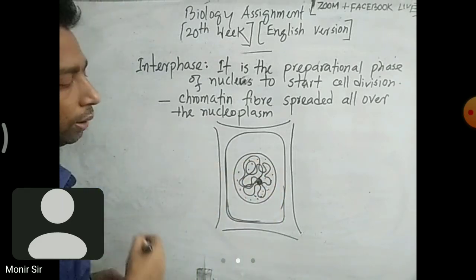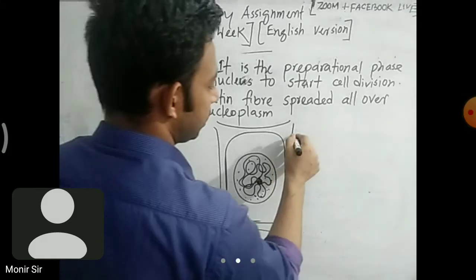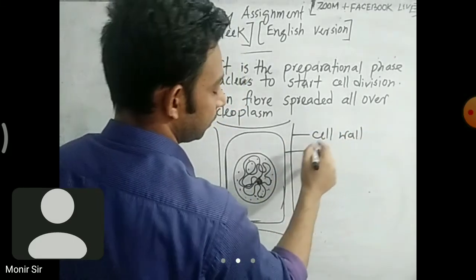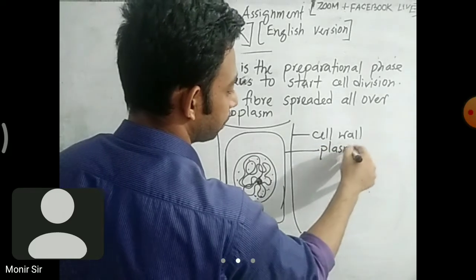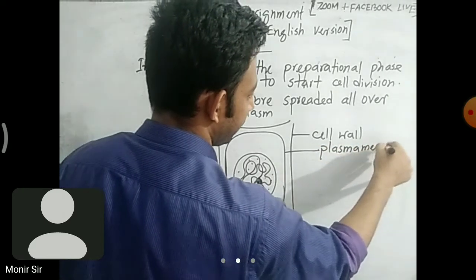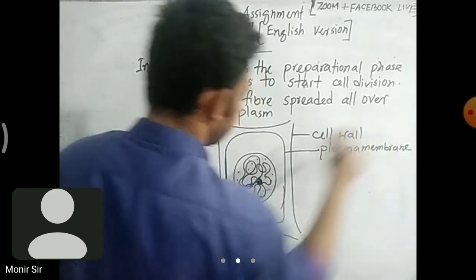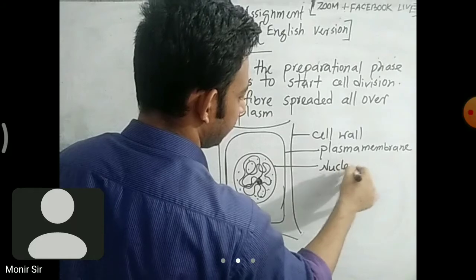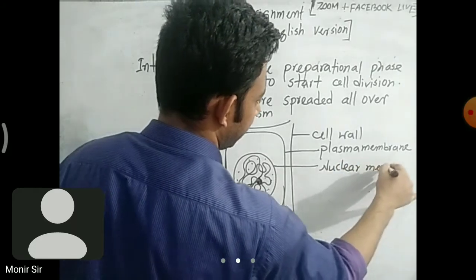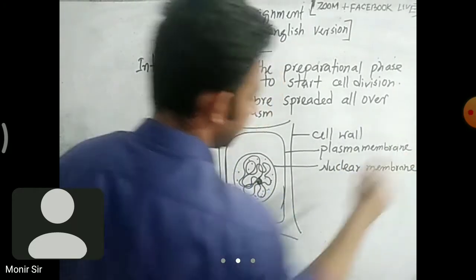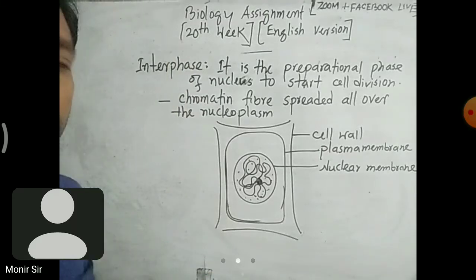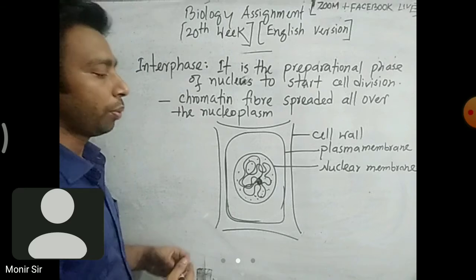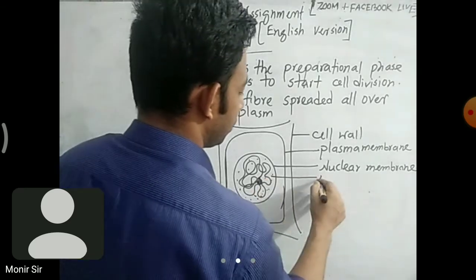You will mention accordingly. This one is the cell wall, then plasma membrane, then nucleus, that means nuclear membrane. I have written in one case, you will write in each and every case when we go through the prophase, after then prometaphase, likely that way.